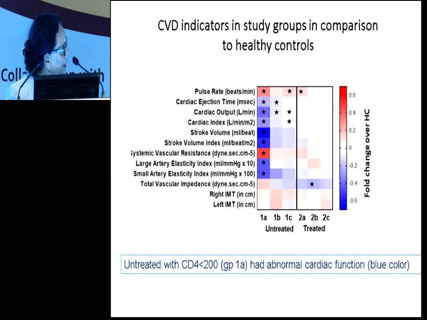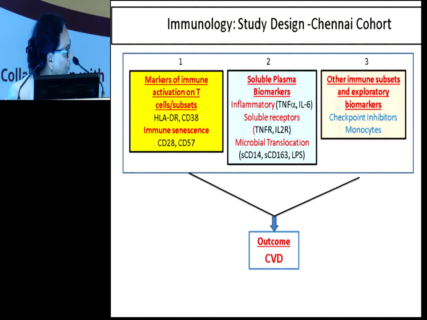And this is a heat map just showing the subgroups, 1A, 1B, 1C. And this is really to illustrate that most of the defects of cardiac abnormalities were seen in Group 1A, with some abnormalities in Groups 1B and 1C with the higher CD4 counts, and some residual abnormalities in Group 2.